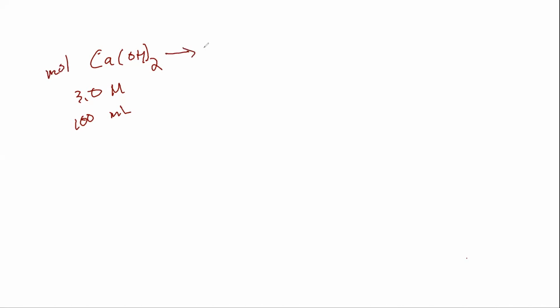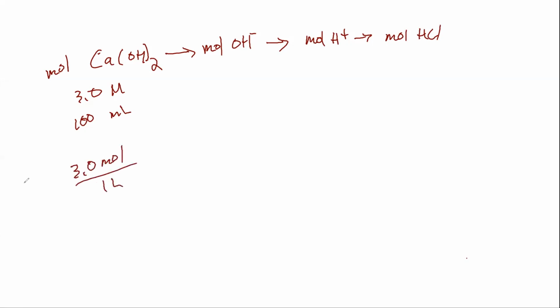Then I'm going to change that into moles of my hydroxide. And then I'm going to change that into moles of my H plus to turn that into moles of my HCl. So my moles of my calcium hydroxide is 3.0 moles per liter times 0.100 liters. That's me just taking this milliliters, turning it into liters.